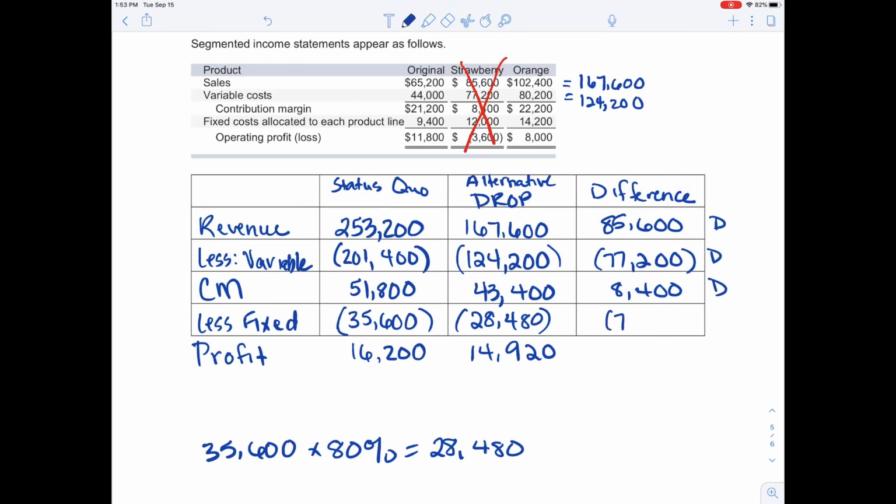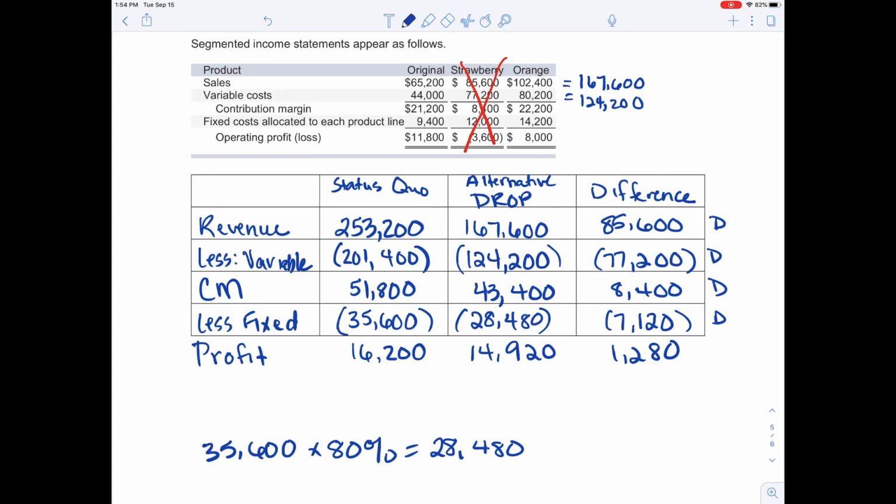Those fixed costs are going to go down by 7,120, should be a decrease, giving me a net profit of 1,280. So the question is, should we still drop this product line?